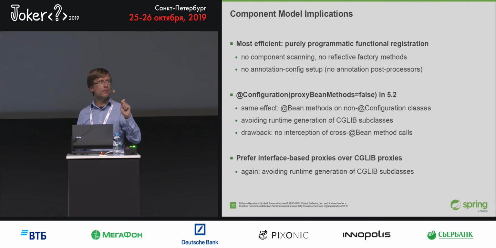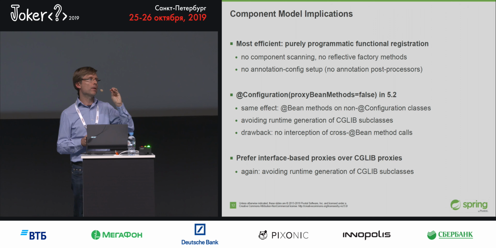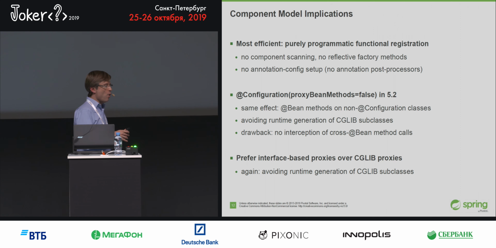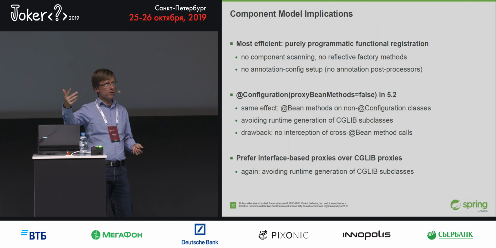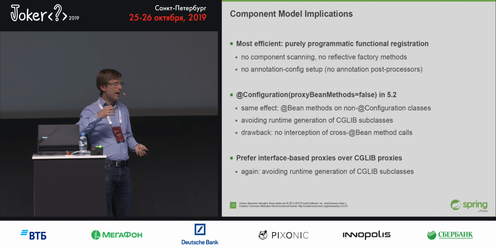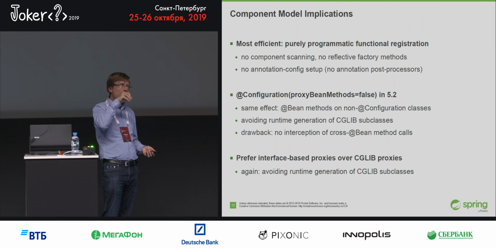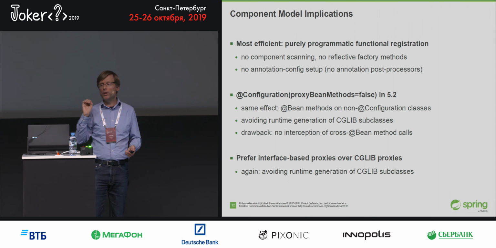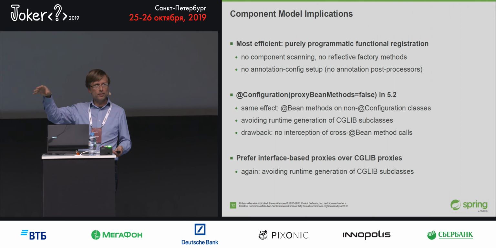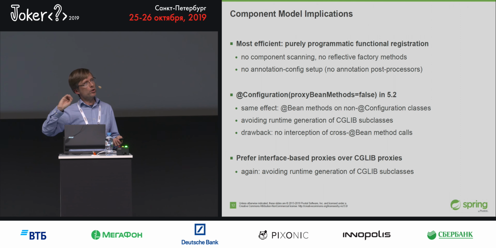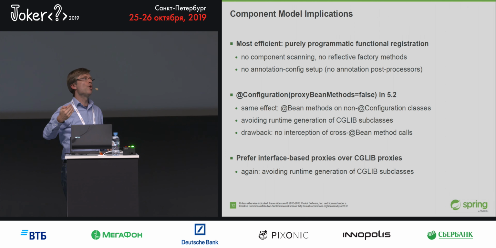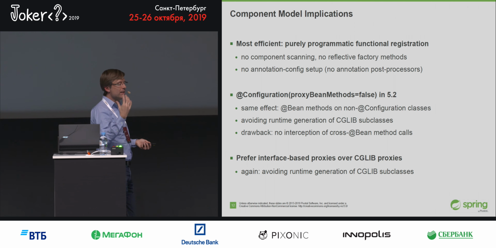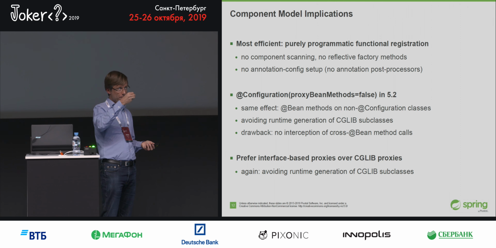There's a specific feature in configuration classes where one of your add-bean methods might want to call another add-bean method in the same class or in another configuration class, and you want us to intercept that call. So that when you delegate from one add-bean method to another, it's not a straight method dispatch, but rather an indirection through the container, where the container is going to return the managed instance in the current scope for that bean that you're calling.